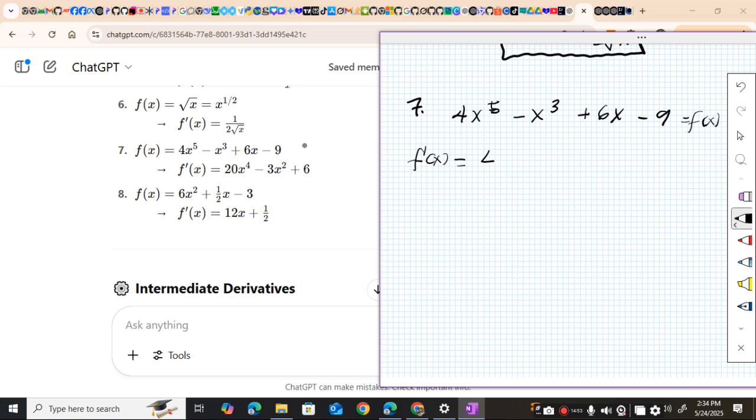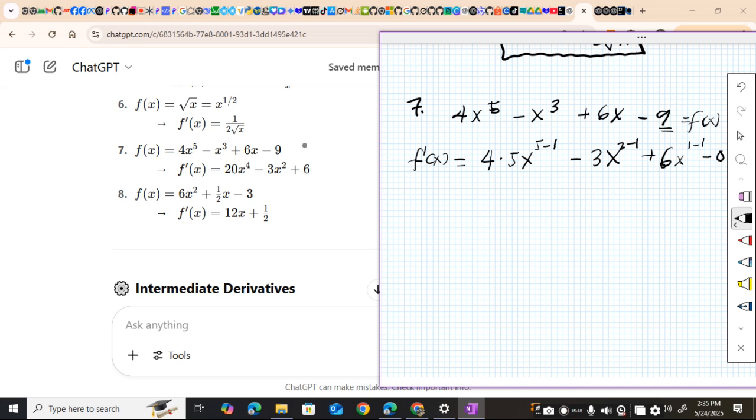So that's 4 multiplied by 5, x raised to 5 minus 1 minus 3x raised to 2 minus 1 plus 6x, 1 minus 1 minus 0. The derivative of a constant 9 is 0.